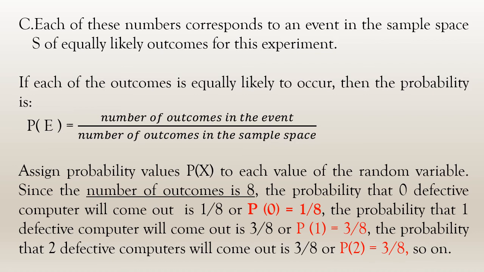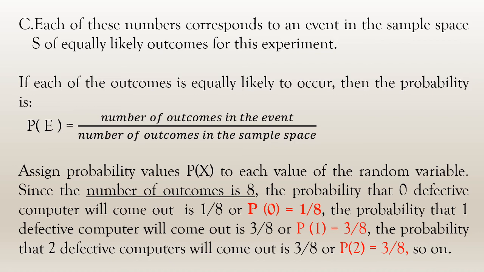So if each of the outcomes is equally likely to occur, then the probability is, ang formula po natin, P of E, or the probability of that event is equal to the number of outcomes in the event all over the number of outcomes in the sample space. Ito yung total outcome natin.